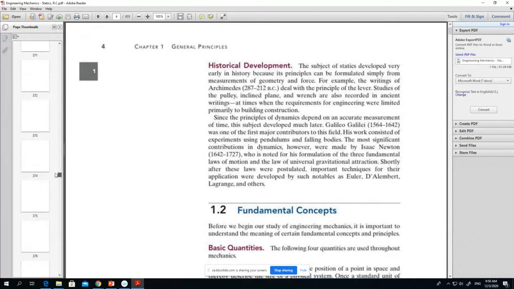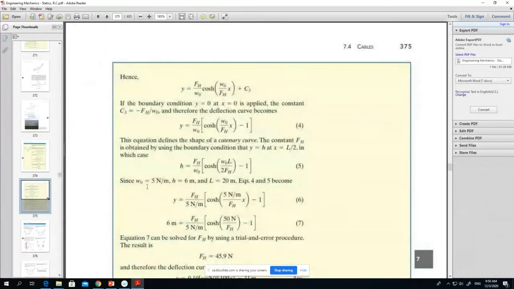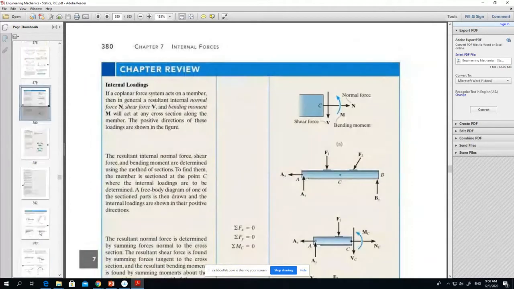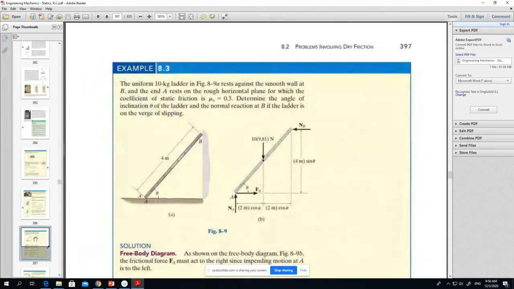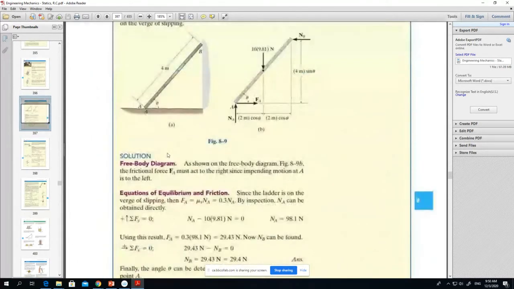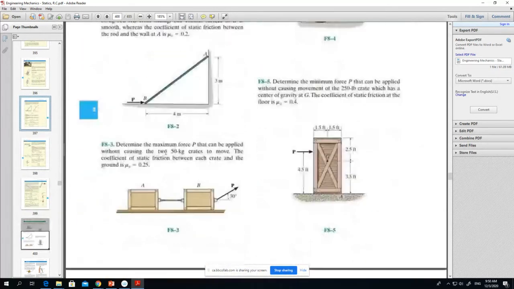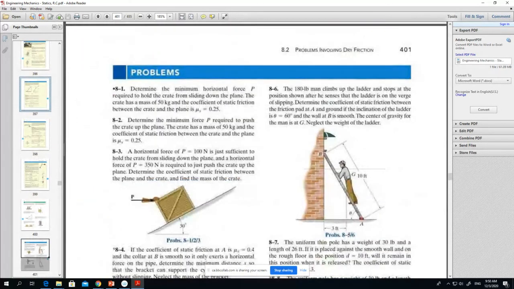So let's check, chapter 7. Chapter 8, we are in chapter 8, right? We are doing the exercise.